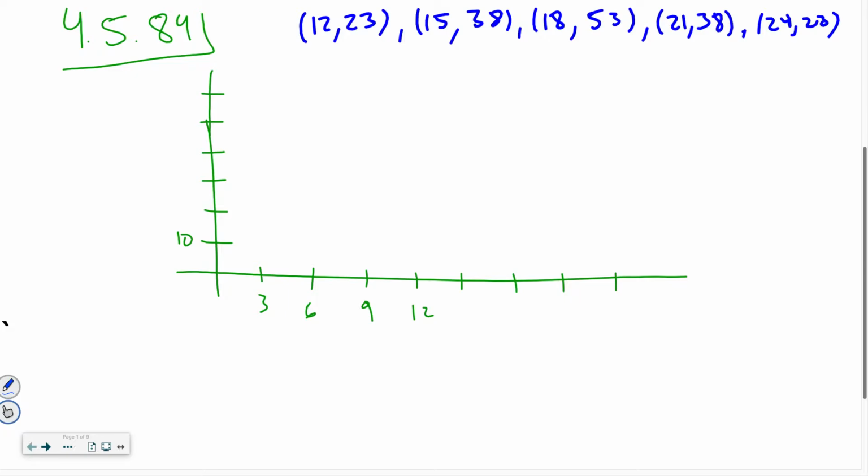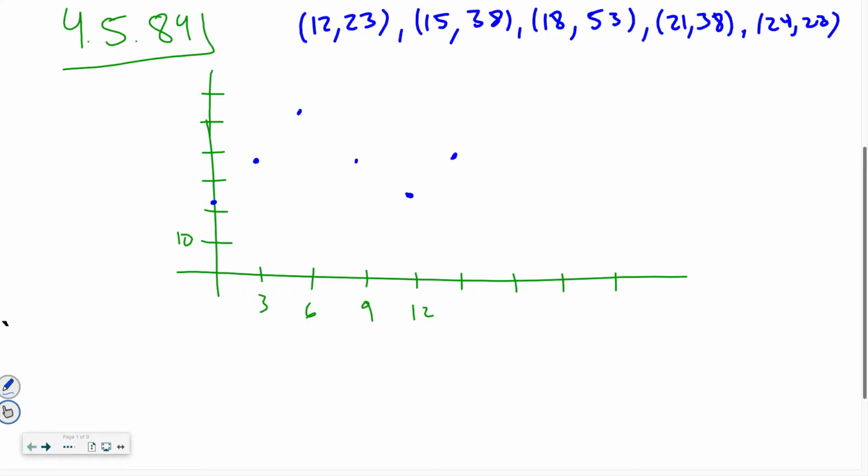Now, it told me all these things in PM, but would it really matter if they were AM? Is there any difference on the clock? No, the clock is still going to look exactly the same. So these kind of repeat themselves. Everything I have here, I could just subtract 12 from it and it would still work. So I'd have 0.23, 3.38, 6.53, 9.38, 12.23, and then it just keeps on repeating itself again.